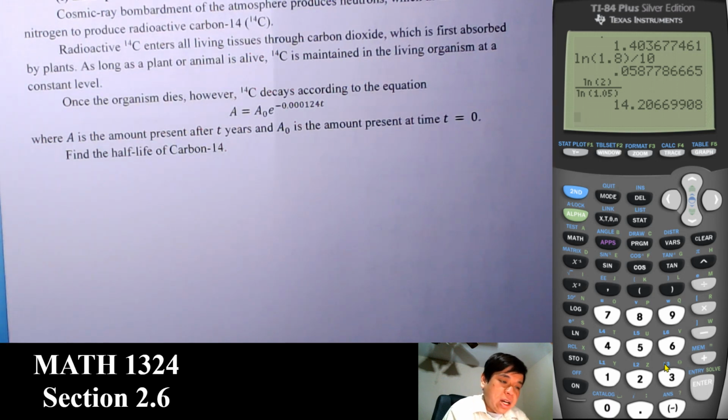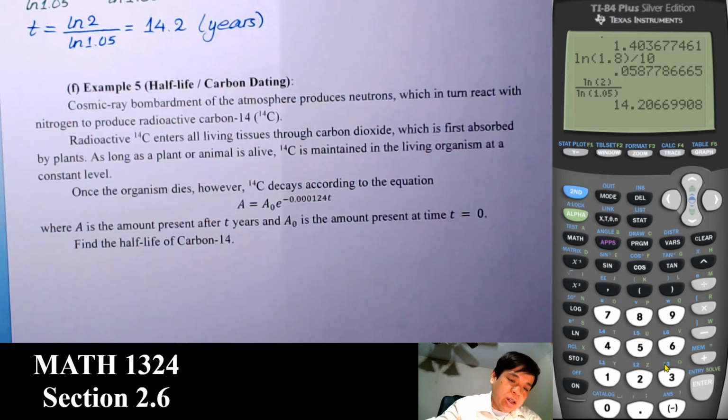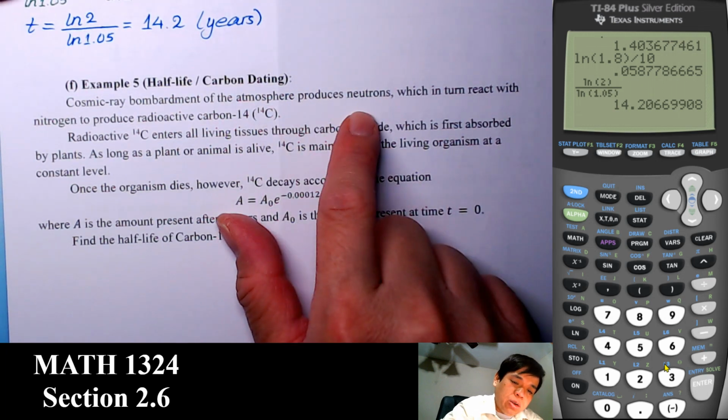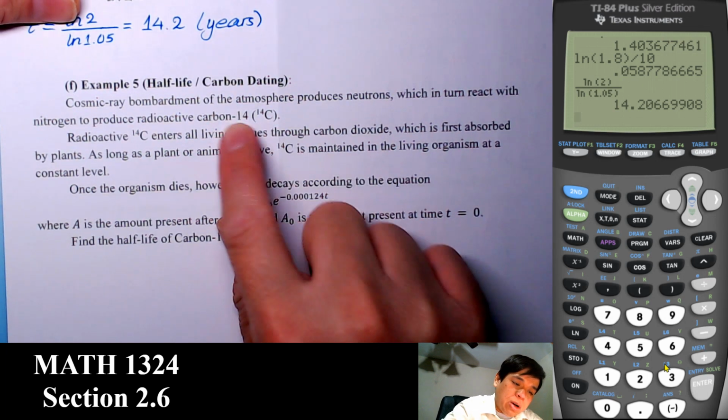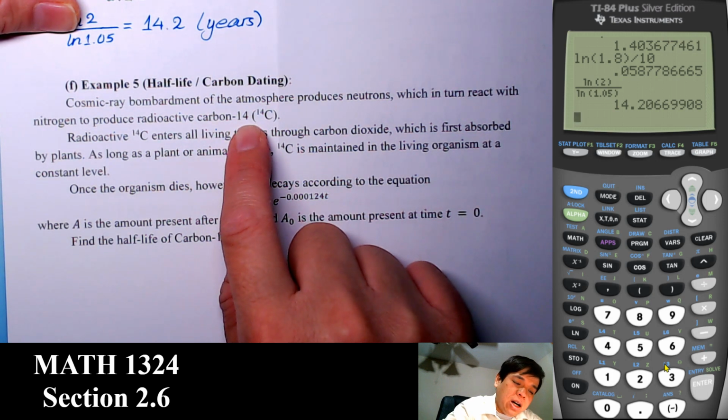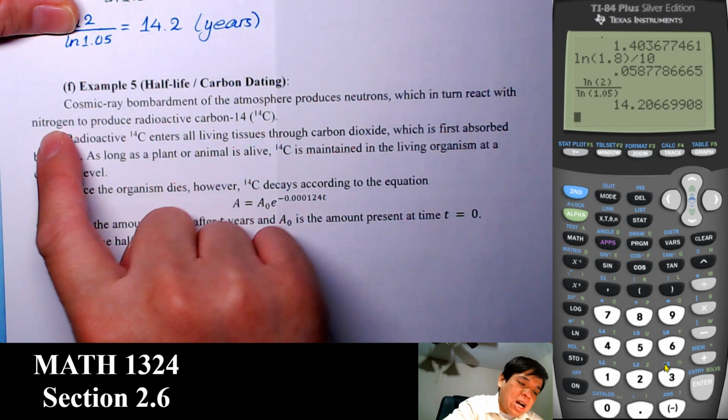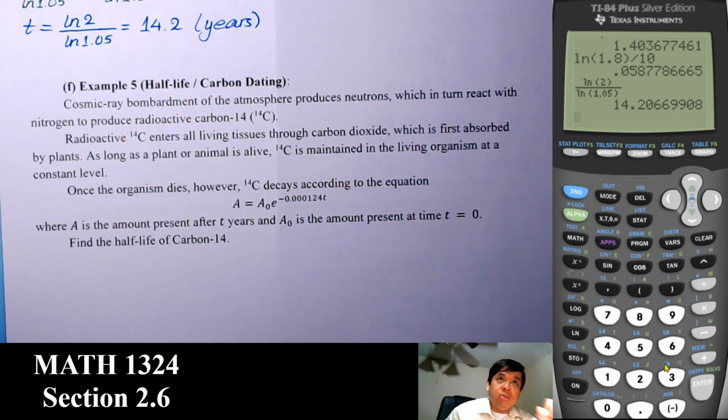Next we have an application, half-life and carbon dating. Cosmic ray bombardment of the atmosphere produces neutrons, and that will create carbon-14, turning nitrogen into carbon-14.